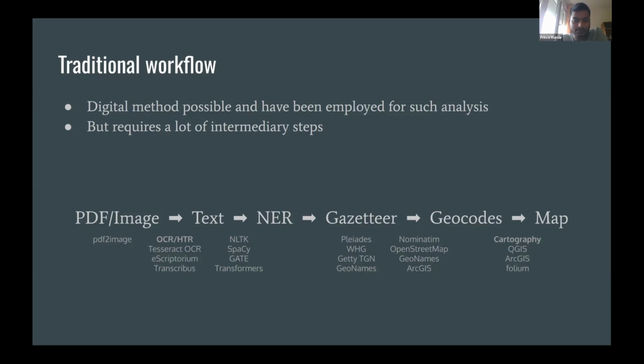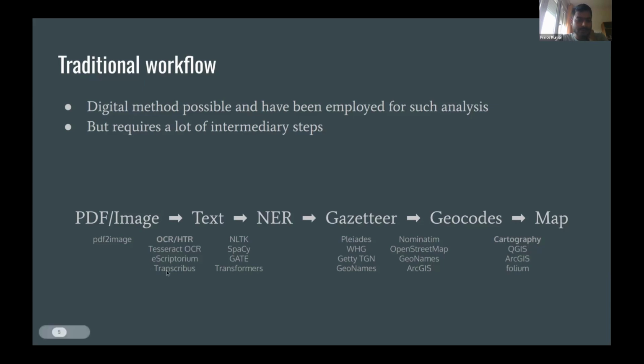Each of these steps that I have mentioned here has its own technical and ethical considerations. In a traditional workflow, we first take either a PDF or an image. Usually it's a PDF, and then the PDF needs to be converted into images, and you can use this library to do that. And then that image needs to be converted into text.